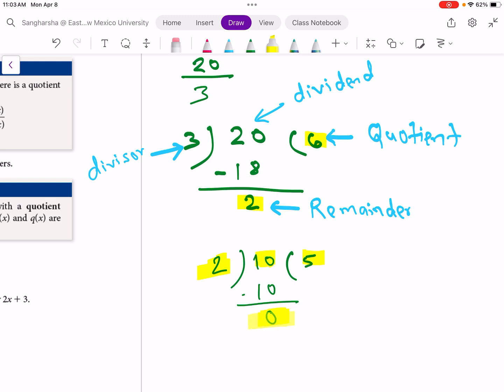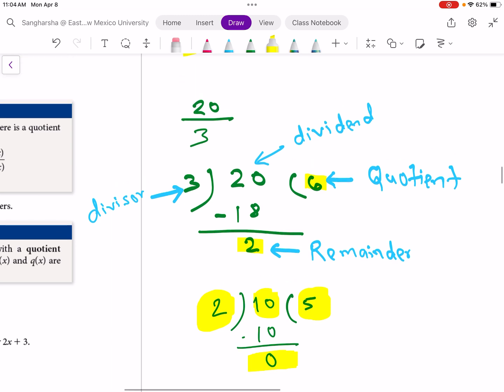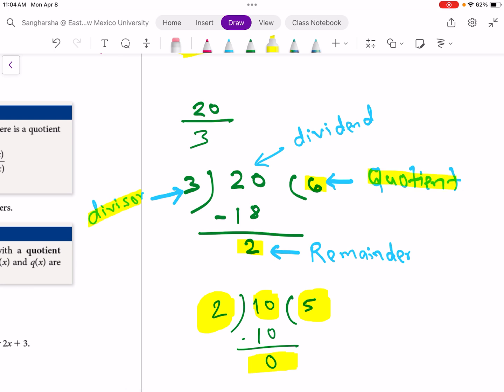When the remainder is 0, 2 and 5 are the factors of 10. So if the remainder equals 0, then the divisor and the quotient are factors. We will use this division method to find the factors of the polynomial.